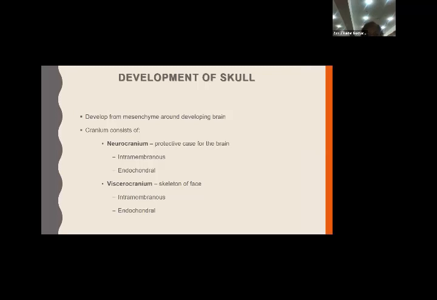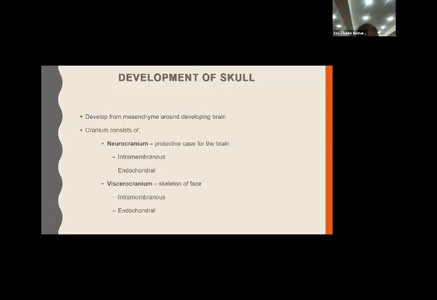Okay. Development की बात कर लेते हैं. The skull develops from mesenchyme around the brain. ठीक है, तो the developing brain is surrounded by mesenchyme, and this mesenchyme, under the inductive influence of the developing brain, induces the overlying mesenchyme to develop into the skull. अब skull या cranium, cranium is that part of the skull that surrounds the brain. ठीक है, उसको हम दो में डिवाइड करते हैं, न्यूरोक्रेनियम और विसरोक्रेनियम. न्यूरोक्रेनियम वो पार्ट है that makes up a protective case for brain. ठीक है, और ये दो तरह डेवलप करती है.